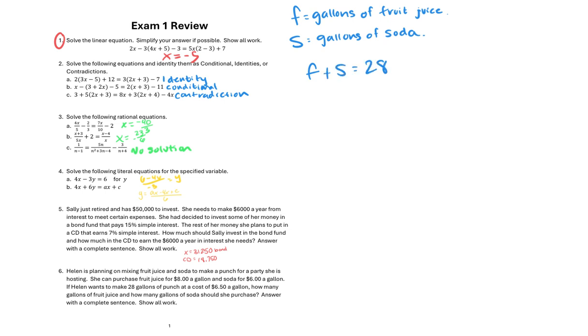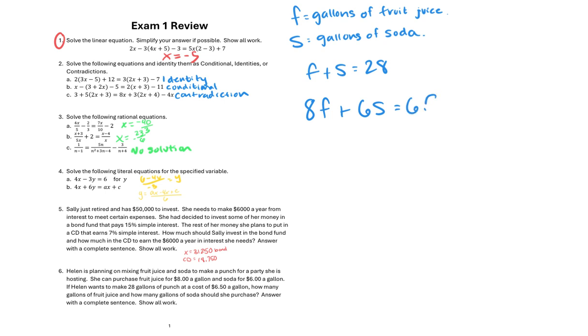The other equation is a little more difficult, but it's easy. So the next equation is going to be how much money, right? We can get fruit juice for $8 a gallon, so 8 times F, plus our soda for $6 a gallon, 6 times S is going to be equal to how much we want per gallon at the end.